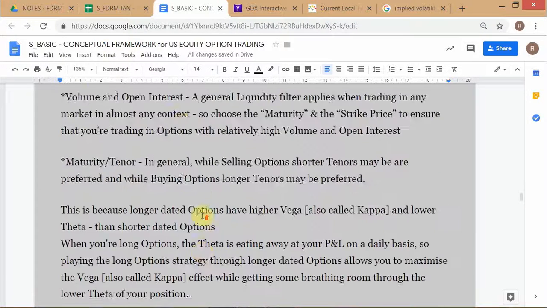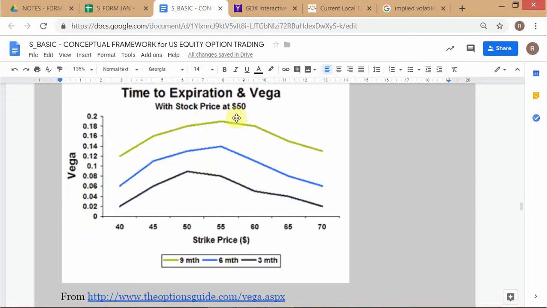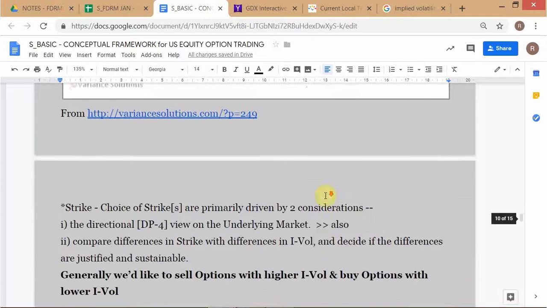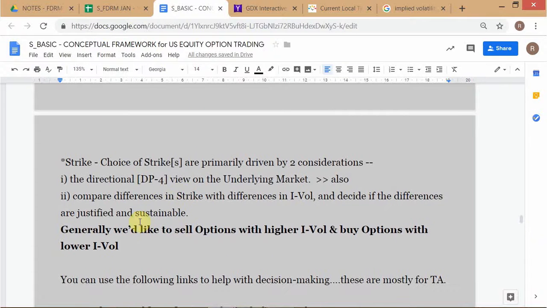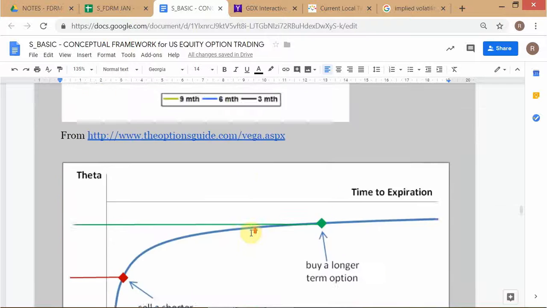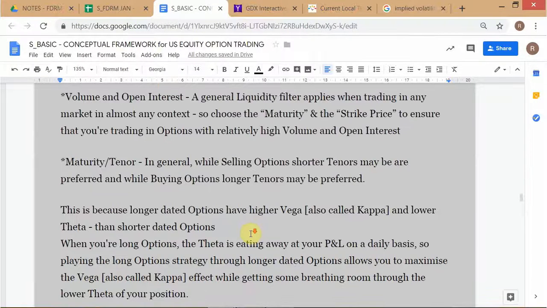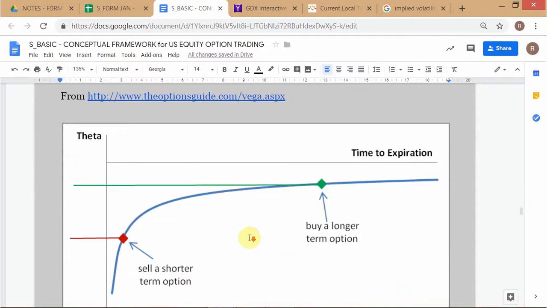Here I've given you some additional guidance. Just go through that. One of the things you want to look at is that for the strikes you look at, you'll find the IVOL structure is not the same. There is a term structure of IVOL, and there's also a variation in IVOL.